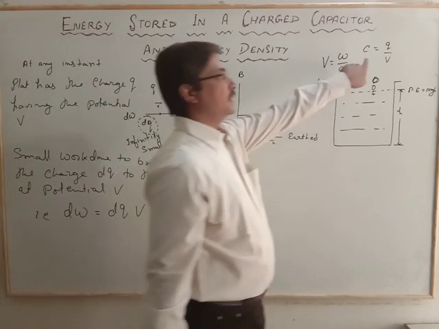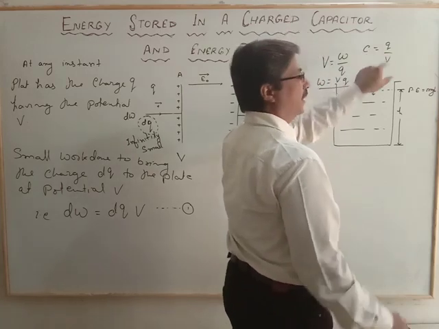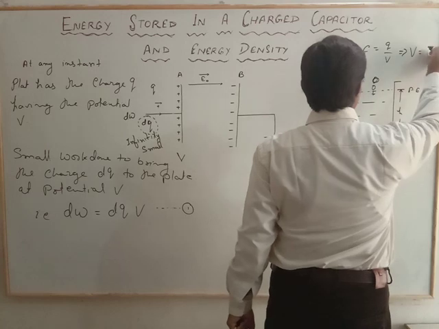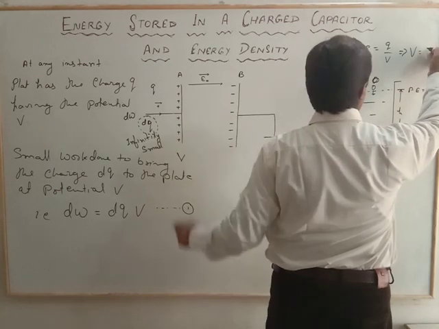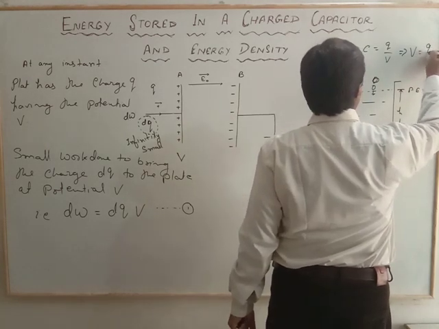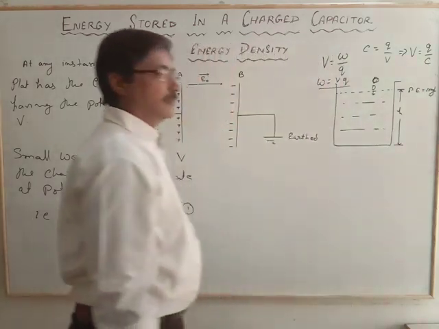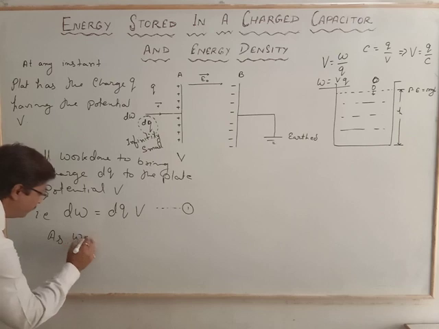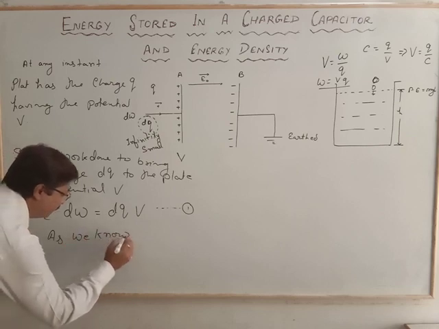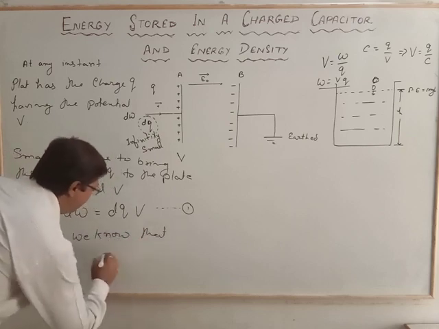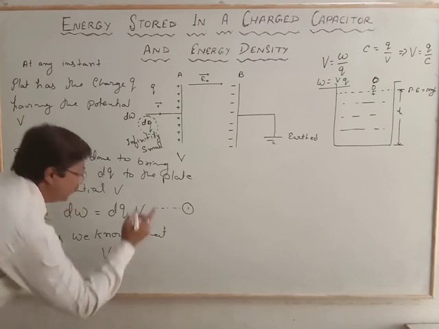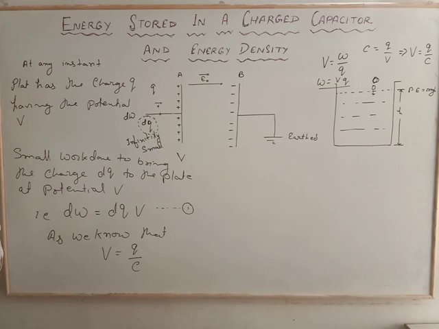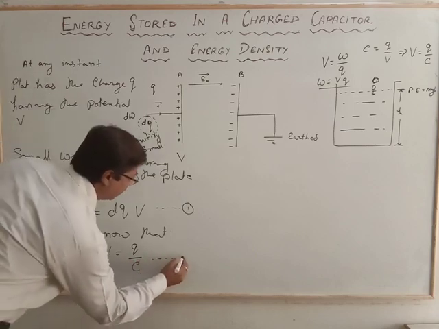Now we have the capacitance C equal to Q by V, which implies that the potential difference between the plates is V equal to Q by C. This is equation number 2.